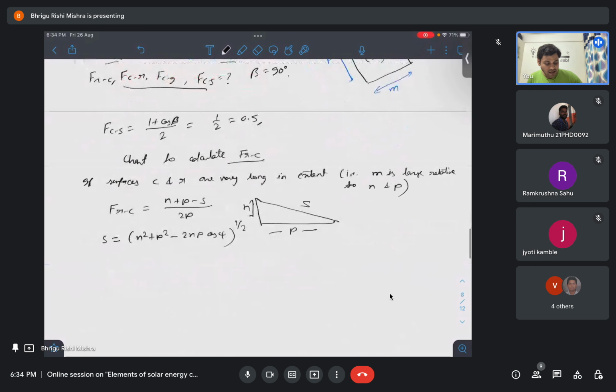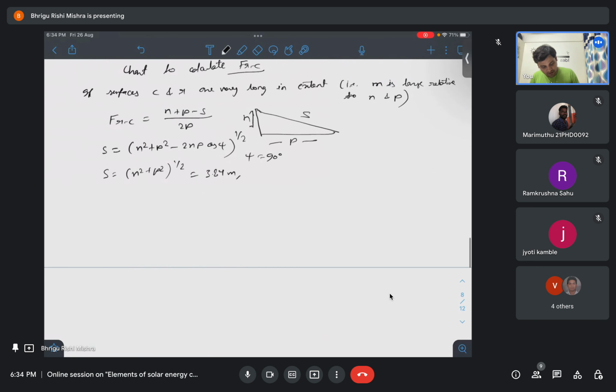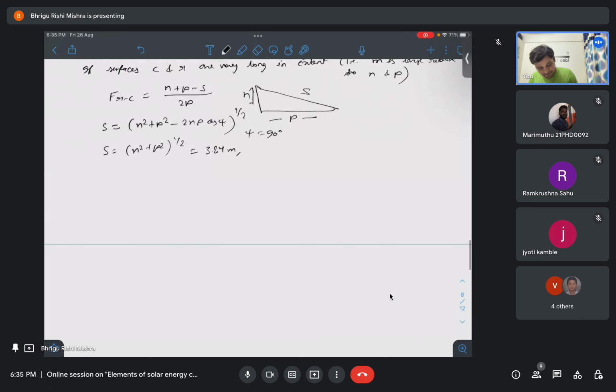So cos 90 is 0 again. So S will be N square plus P square to the power half, and if you put the values you will get around 3.84 meter.